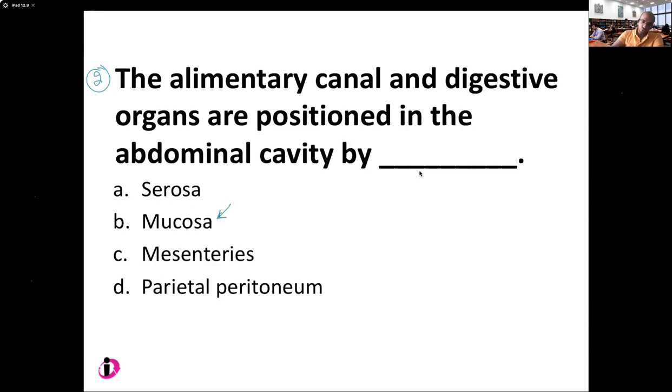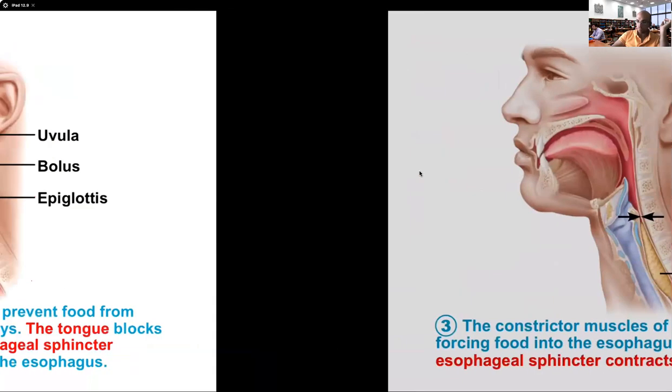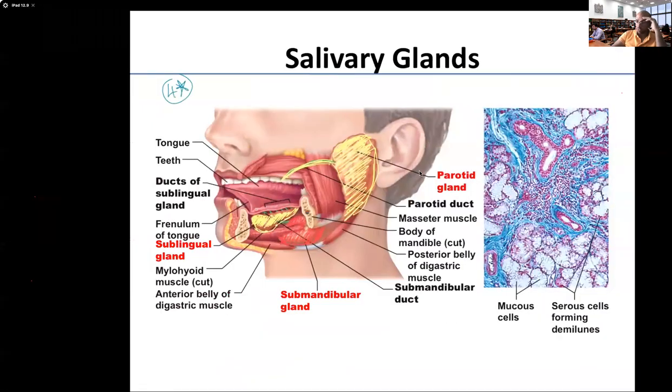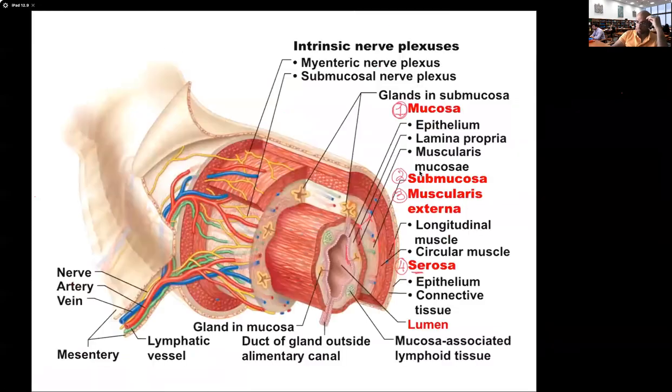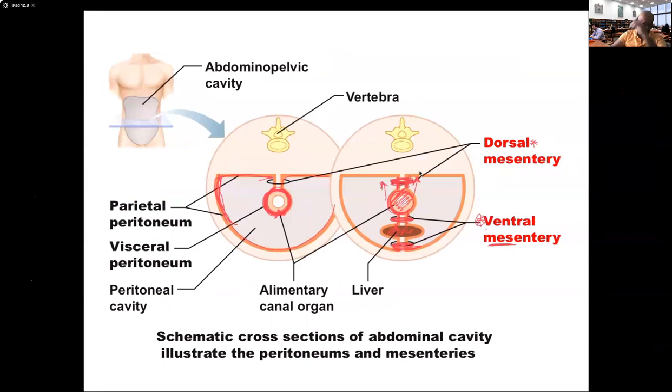Mucosa is the internal lining of the gastrointestinal tube. It's not holding anything. The parietal peritoneum is the lining of the cavity. It's not holding the abdominal organs. See on here, the parietal peritoneum is the layer of the peritoneum that is lining the inside of the abdominal cavity. It's not holding the organs together.